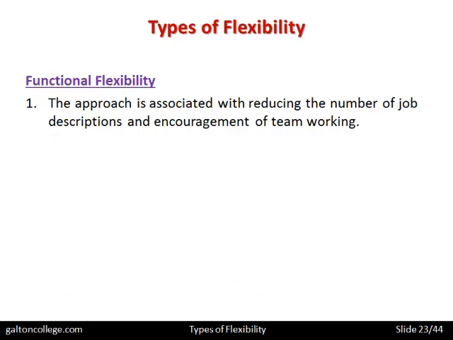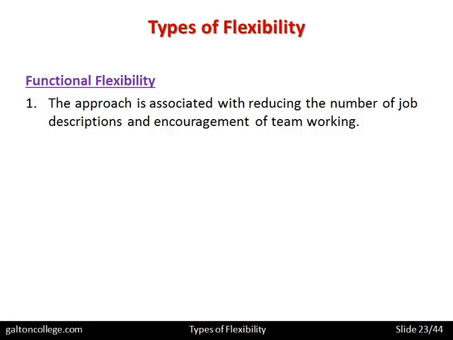Now, the approaches associated with reducing the number of job descriptions and encouraging team working. So in team working, the members of the team can perform a variety of tasks and they work together to perform those tasks. But also, if a worker has got several skills, then it's difficult to classify that worker.